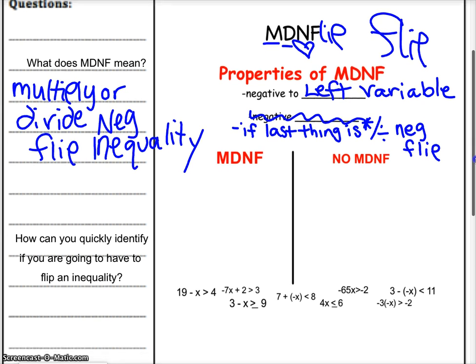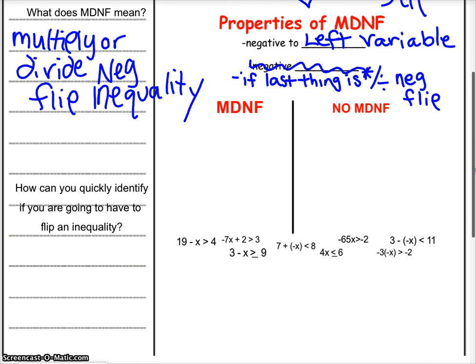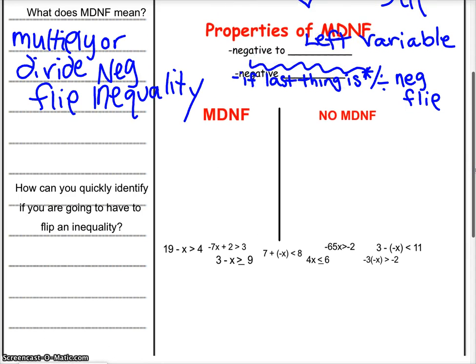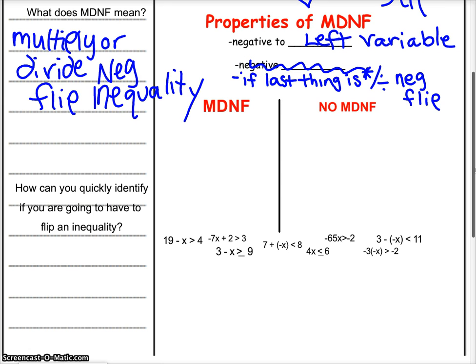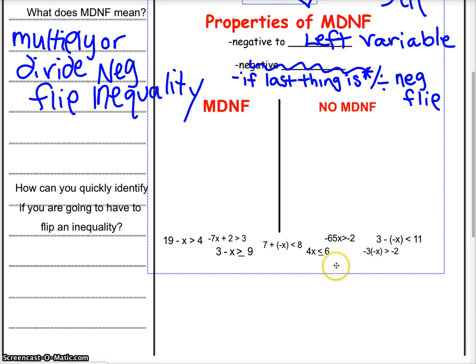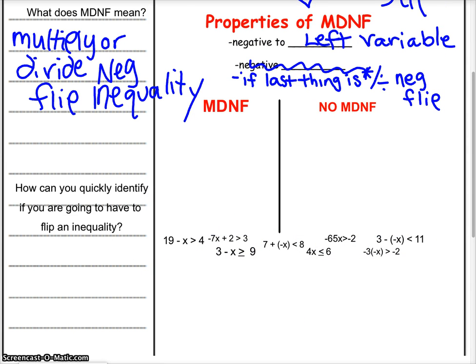So look for a negative to the left of the variable. Is this all grouped? Okay, I've got to ungroup this. Okay, there, done.